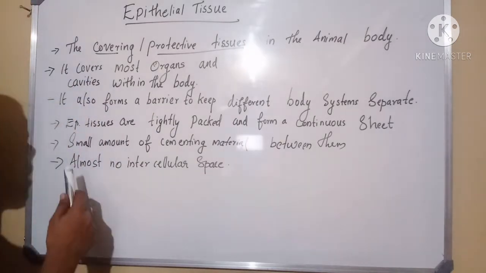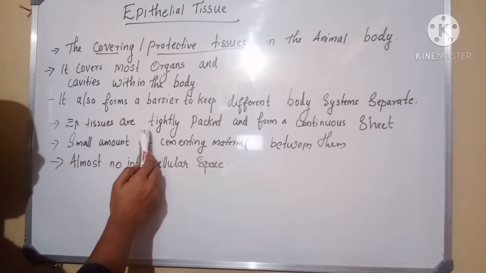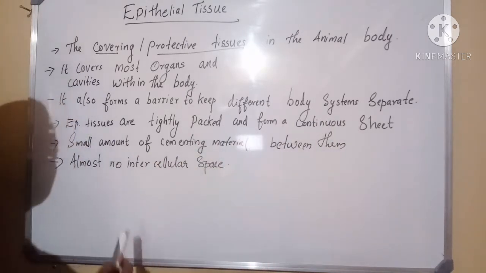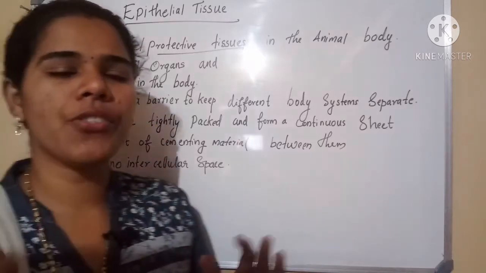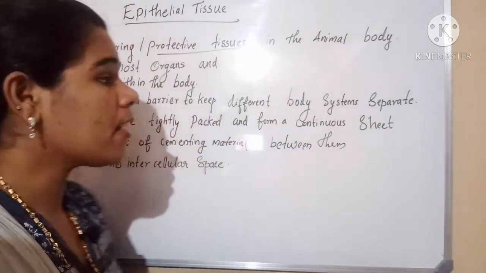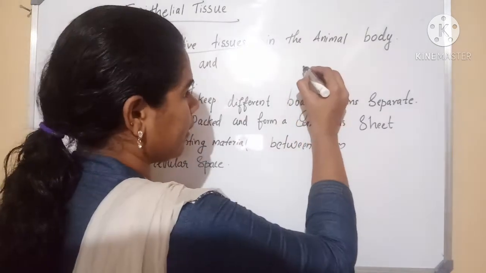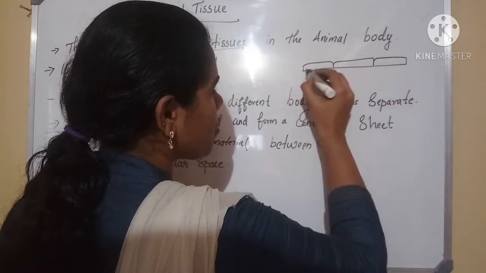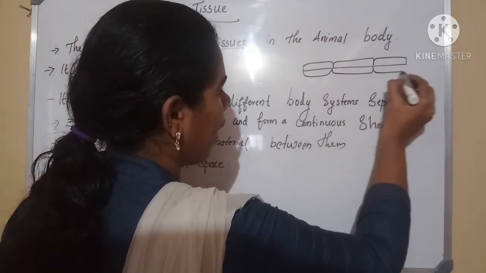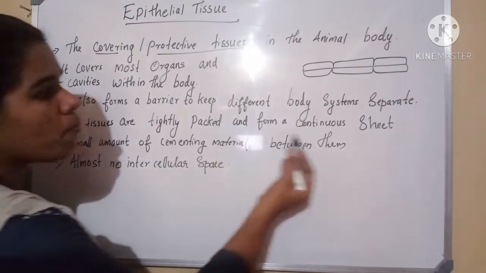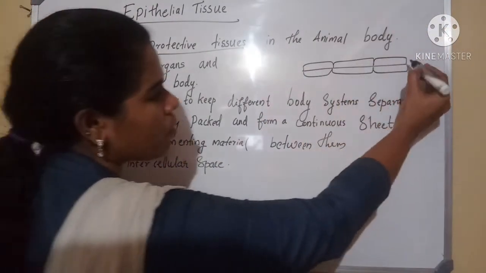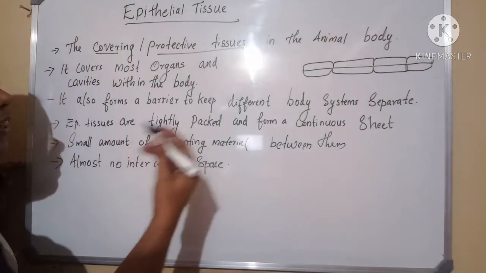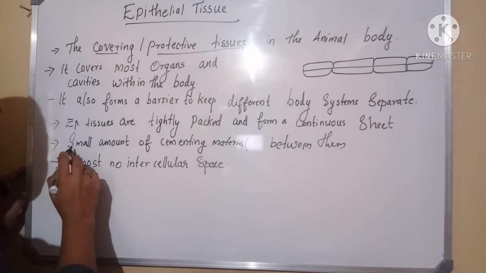Next, the features of epithelial tissue: the cells are tightly packed and form a continuous sheet, or continuous layer.